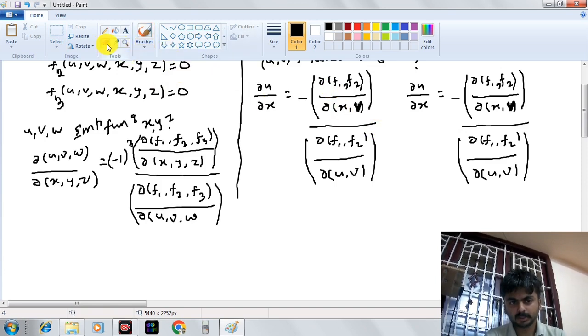All the x terms will become y, so the denominator is common, always common. So on a few terms, and this v will be changed.